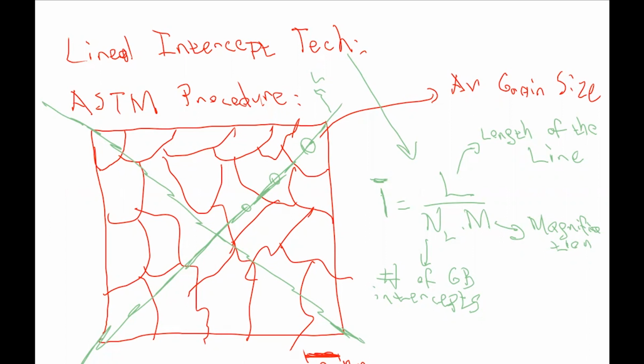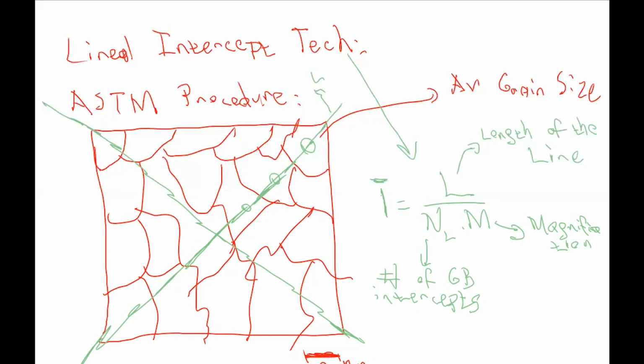So if you see any micrograph, either EBSD or optical microscopy, you can calculate the average diameter of the grain.